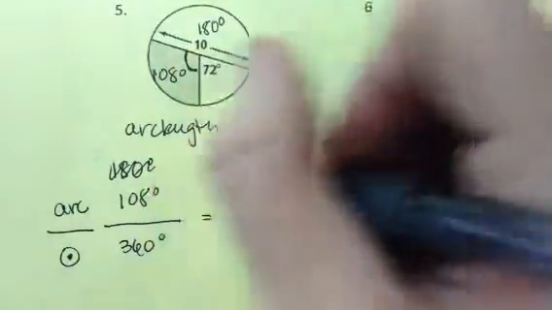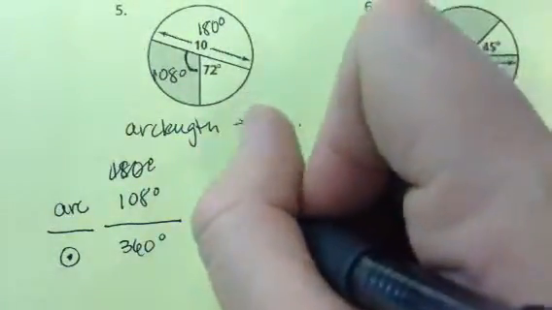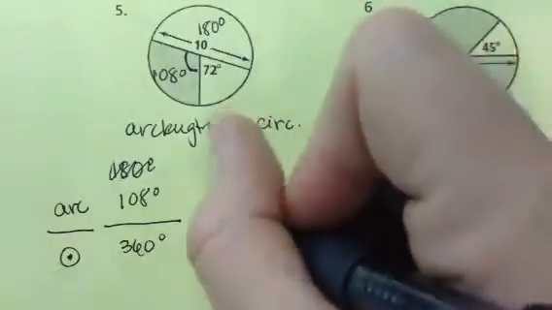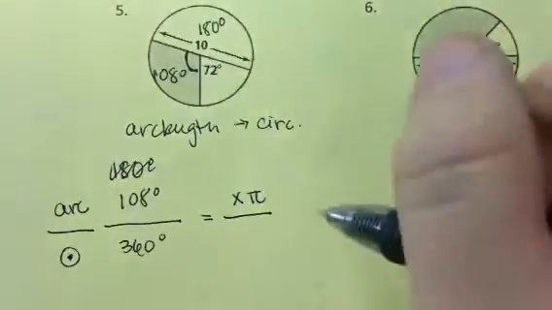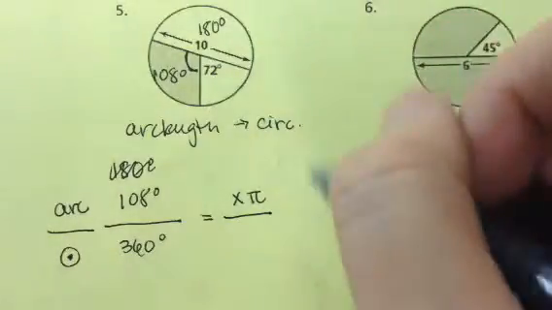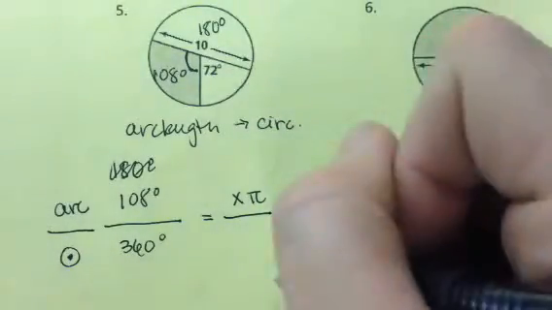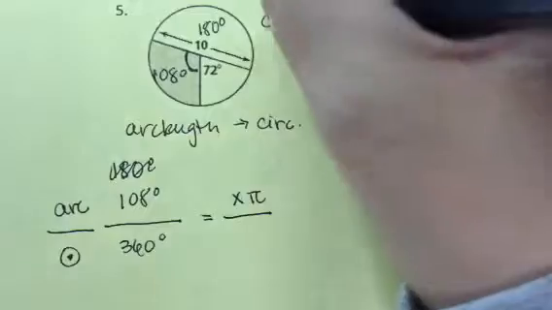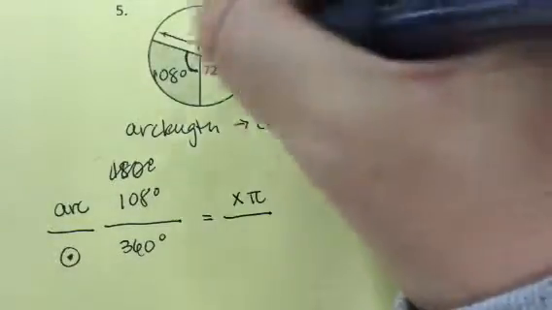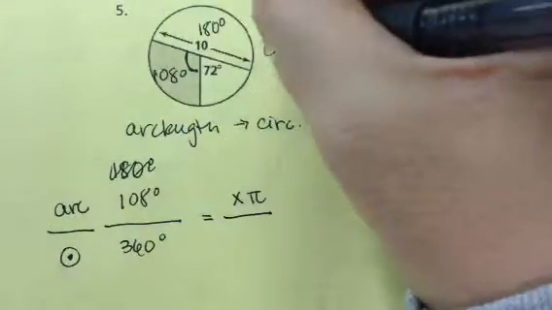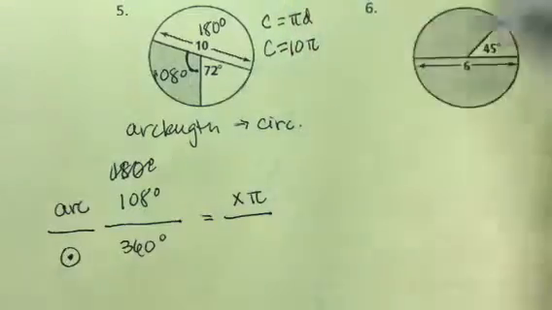So now, when we talk about the length, I'm trying to figure out my arc length, but I know when I compare it to the entire circle that the circle is pi times diameter for circumference. So I'm going to need my circumference. And since I know my diameter is 10, my circumference is 10 pi.